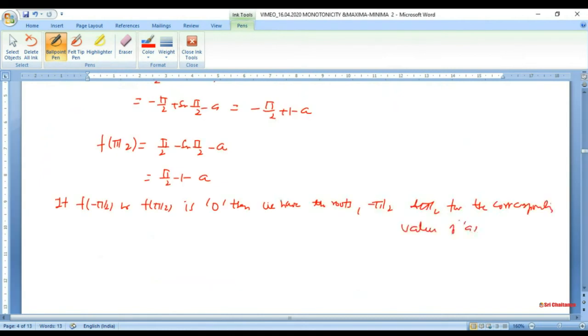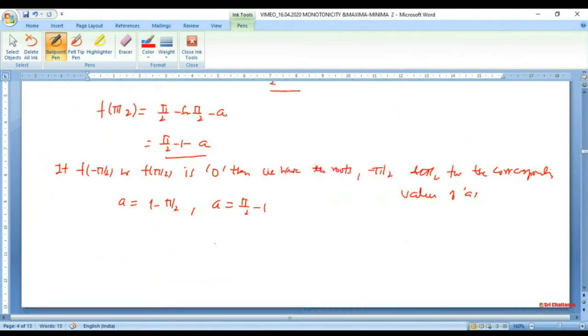So we will say that if a is such that a equal to 1 minus pi over 2, or from here a equal to pi by 2 minus 1, then anyway the function has exactly one real root because everything is increasing.